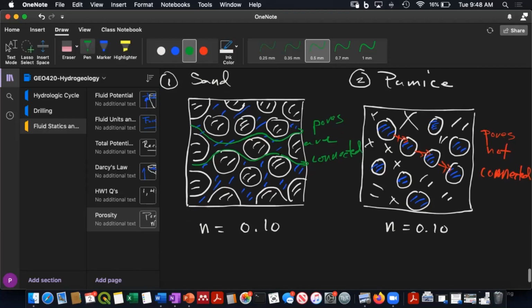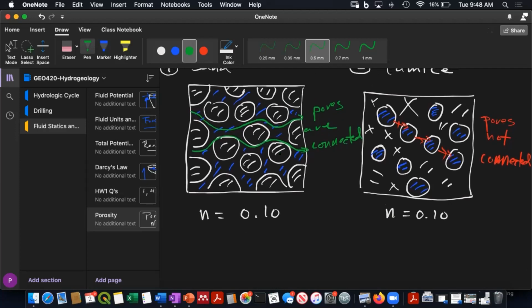And as hydrogeologists, what we're actually interested in is the fluid behavior. And so we're interested in the volume of interconnected pore space. We don't necessarily care that there's all these vugs that are just out there, because they essentially act like solid rock.